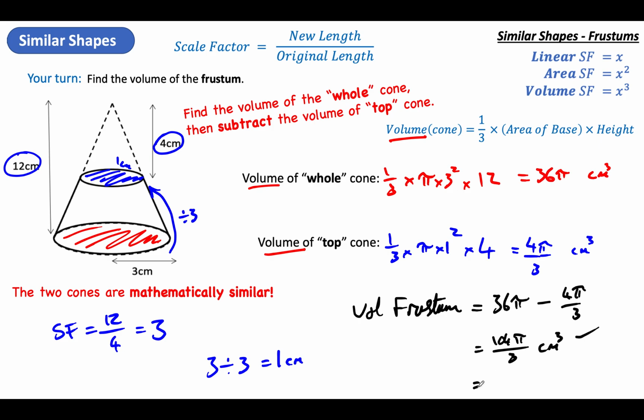Brilliant, perfect answer, but as a decimal, to 1 decimal place I'm going to go for 108.9 centimetres cubed. Less accurate than this one, but equally correct.